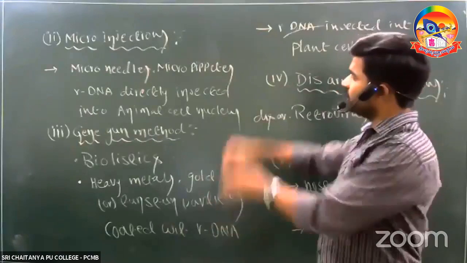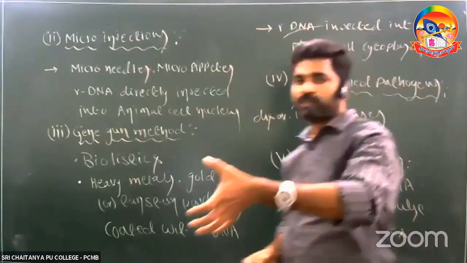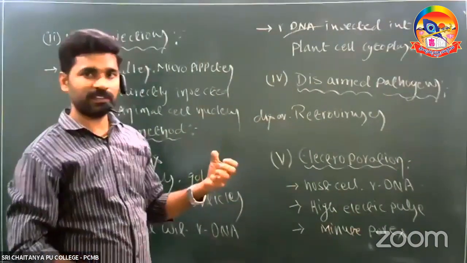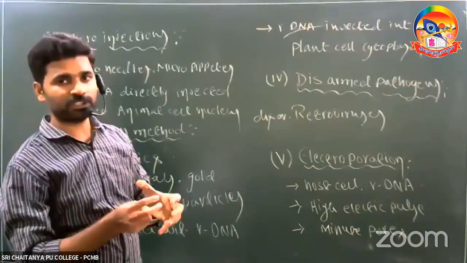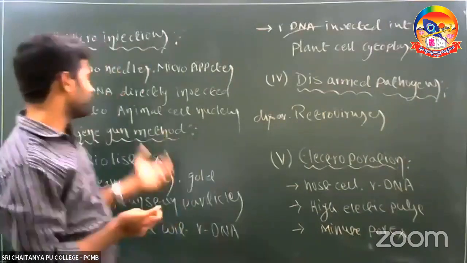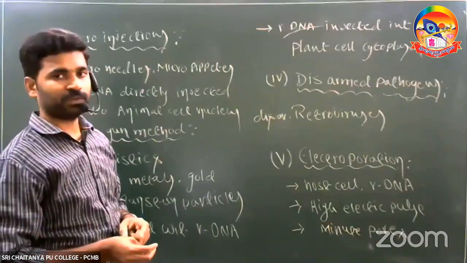After that, the rDNA is inserted into the host cell cytoplasm. The rDNA molecule containing host cells or bacterial cells we collect into the gene gun. The gene gun is one type of instrument, right? Professor Stanford first discovered the gene gun for insertion of rDNA into host cell cytoplasm.